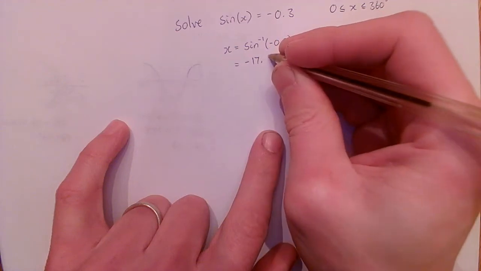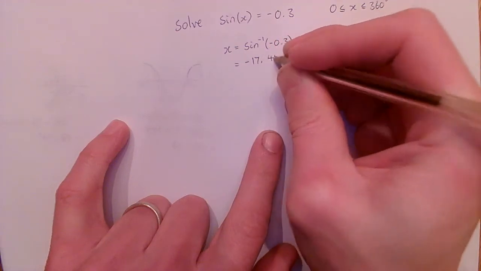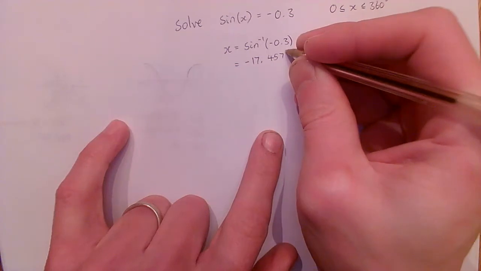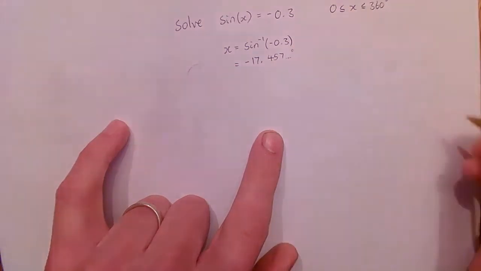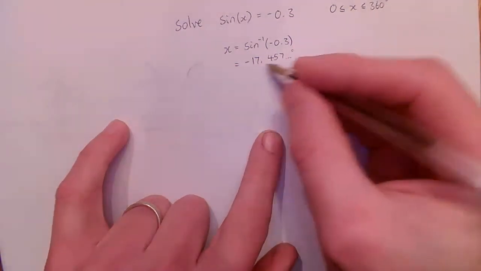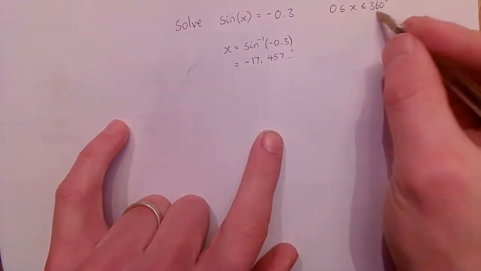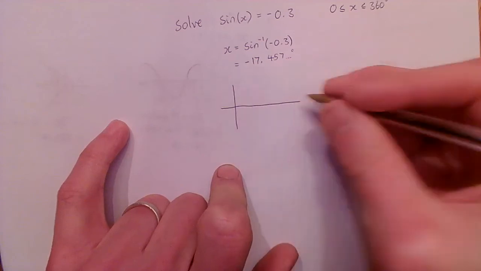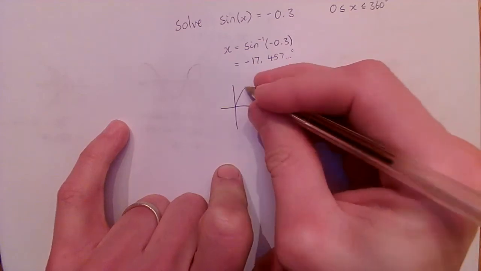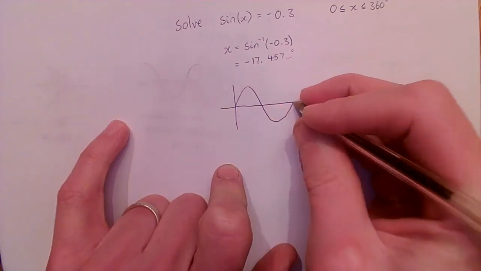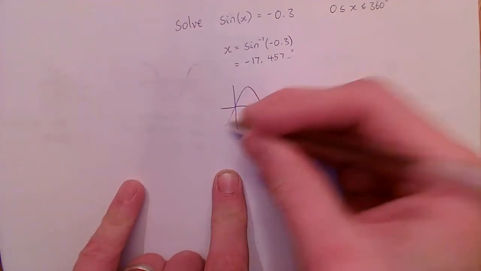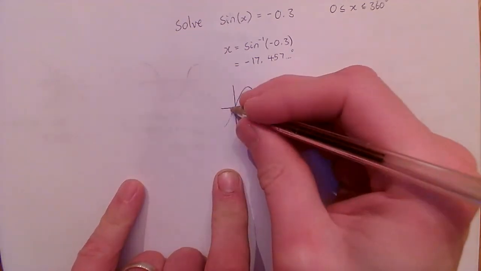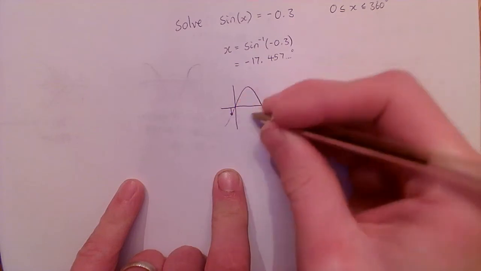That will give us minus 17.457, etc. degrees. Now you'll notice this is not between 0 and 360. So let's make sense of that. Well, our sine graph does something like that, but it also extends over here. So our minus 17 angle is relating to a value over here.